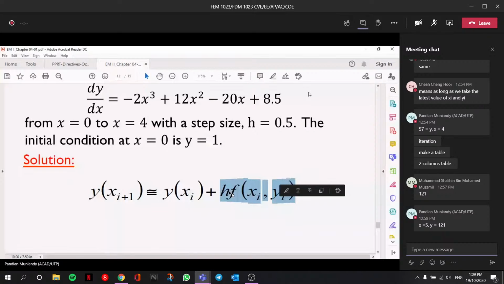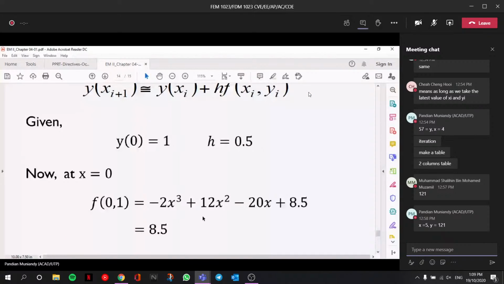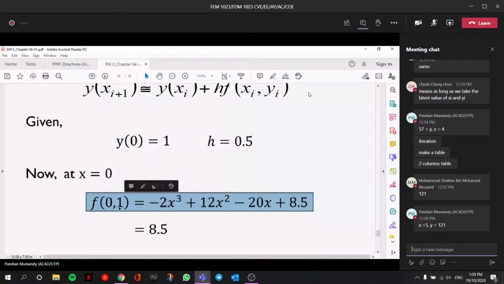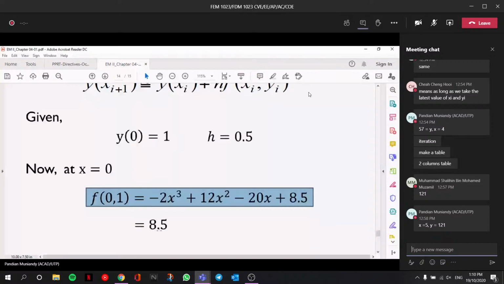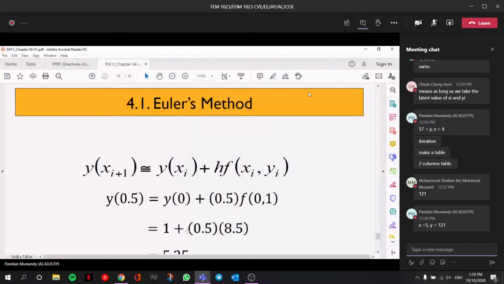So this one, f(xi, yi), is your dy/dx. So you plug in the whole thing, x0, y0. So 0 plus 0 plus 0 plus 8.5. So f(0,1) is 8.5. So you substitute 8.5 here.